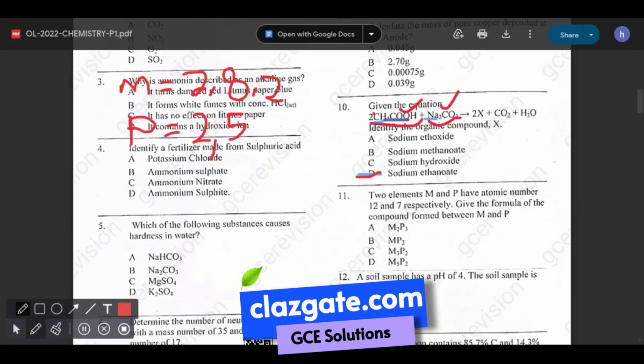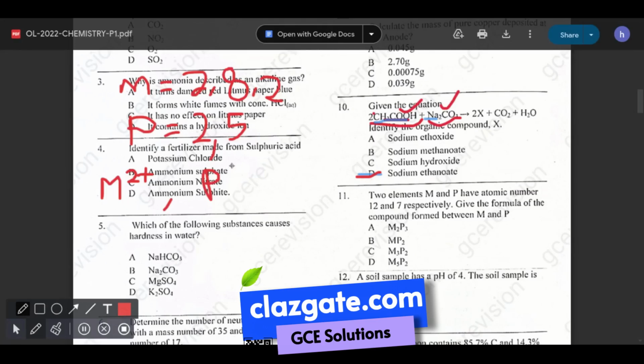So you can see M has a valency of 2, so it's a metal. M has to lose 2 electrons to become stable. So the ionic configuration of M is M2+.